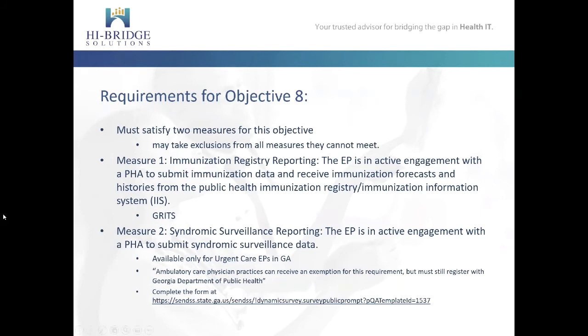So the registration form is sent in, is this link here below. It will be in the recorded slides, and we can always send it to you. It is on the DPH website, dph.georgia.gov, and you scroll down to Meaningful Use Stage 3, and you'll find a registry link, and that will take you here. It's a very short survey, takes you about 2 minutes to complete.